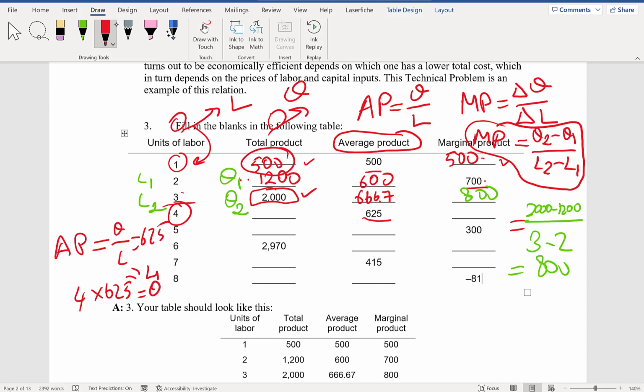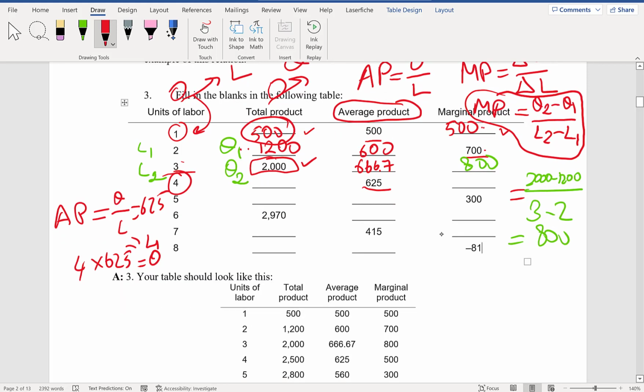This is 2000, so this is going to be 2500 here. Cool. I just did this calculation. So then I'm going to find marginal product. Again, 2000 to 2500, from 3 to 4 workers, 1 unit. 2500 minus 2000, that's going to be 500 here.